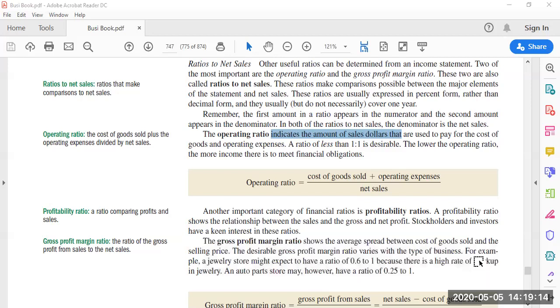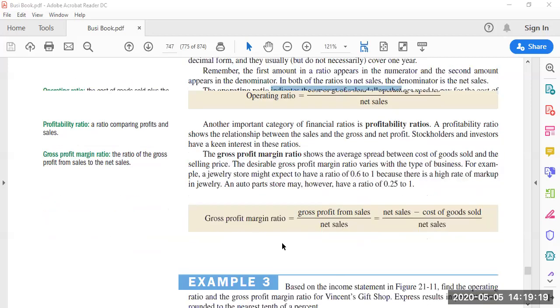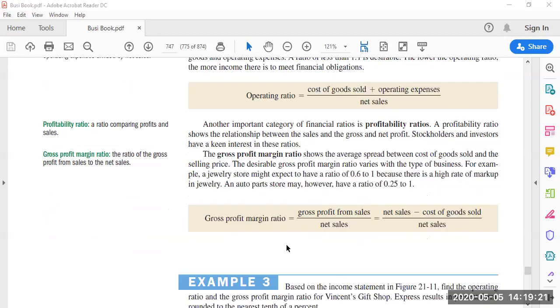But how do we find it? Well, we find it by taking your gross profit from sales off of your income statement and dividing that by your net sales. So what is gross profit? How do you determine gross profit?